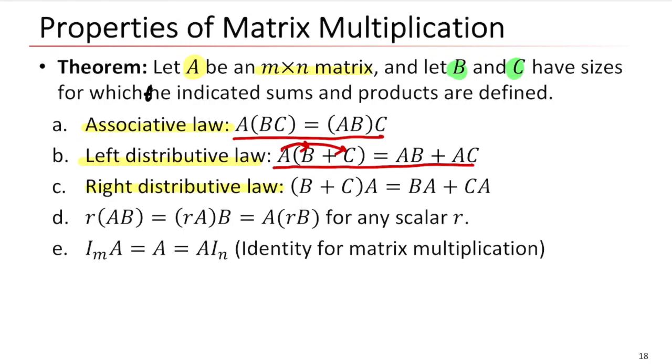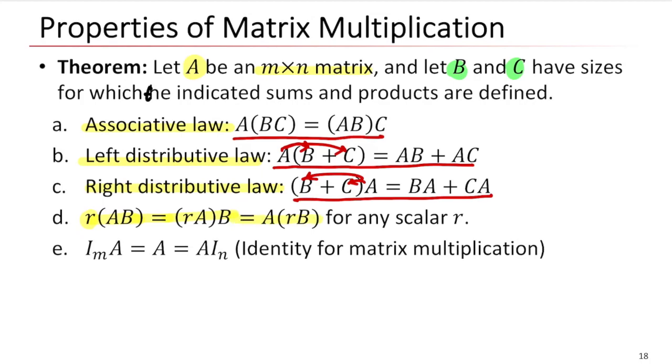It means that (B plus C) times A is equal to B times A plus C times A. And with a scalar value r, r times AB is equal to (rA) times B, which is also equal to A times (rB).